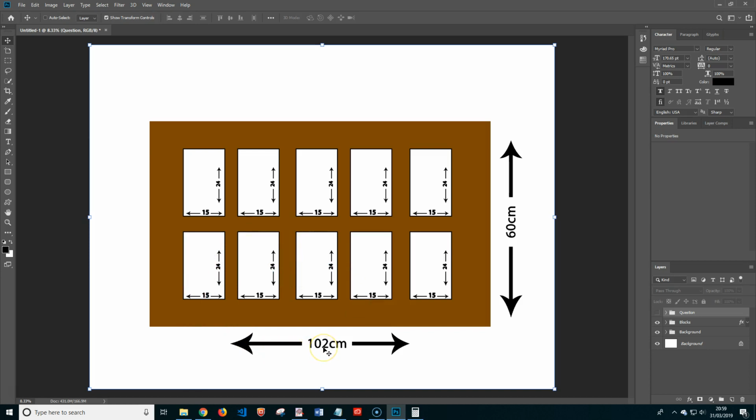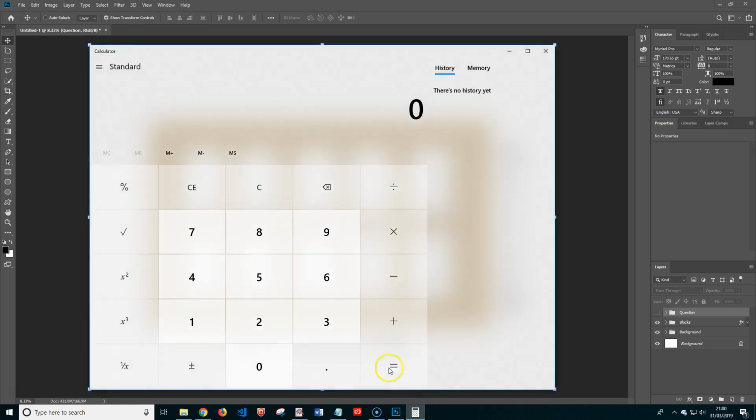So we need to find out the width, or the area, sorry, of the background, which is 102 centimeters by 60 centimeters. So we'll launch our calculator and we have 102 times 60, and that equals 6,120 centimeters square.